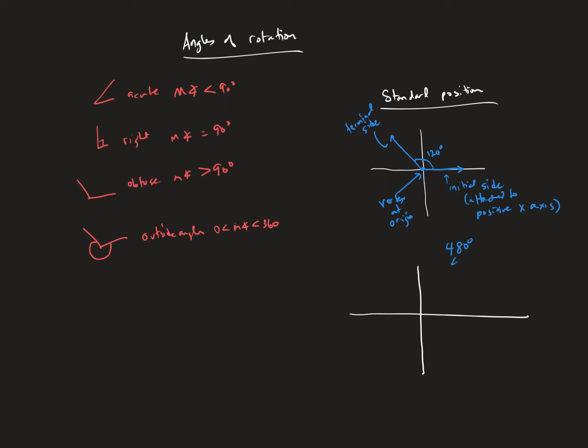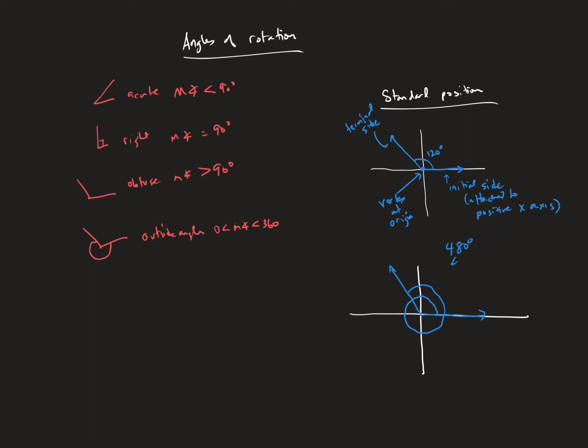I'm going to draw an initial side, again, always on the positive x-axis. And here I go. I'm going to go 90 degrees, 180 degrees, 270 degrees, 360 degrees. Now notice I'm forming a spiral here so I can see how many times I've gone around. That's 360, 450, and I need to go another 30. So about right there is where my terminal side would end.